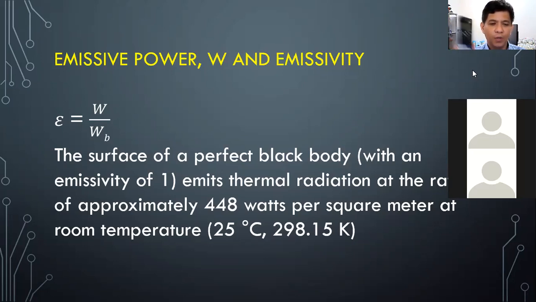So para makuha niyo yung 448, i-multiply niyo siya ng 298.15 raised to the fourth power. So yun, nakuha niyo yung 448. Yun yung ini-emit na thermal radiation ng perfect black body, ano?